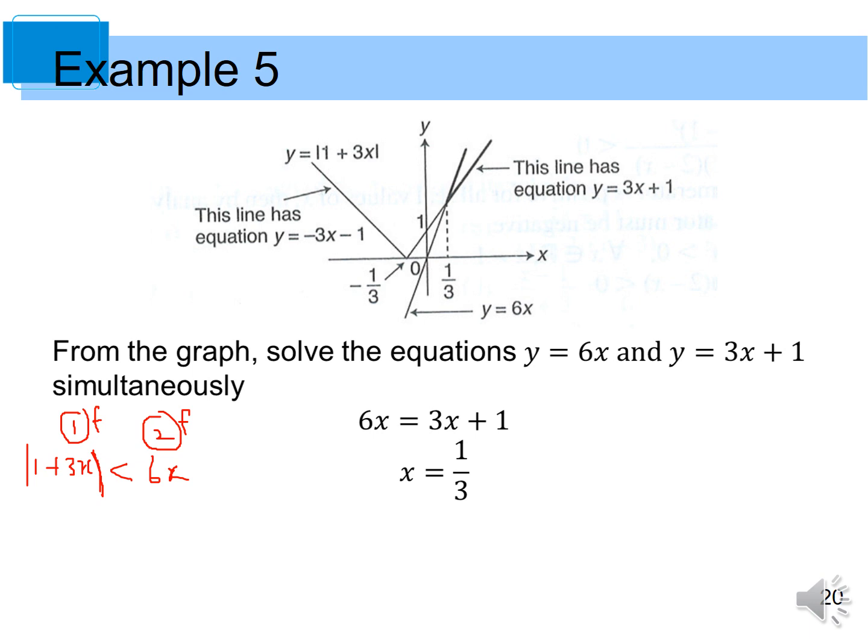Look at the points of intersection. We only have one point of intersection, meaning that we have two intervals. The first interval is before this point of intersection and the second is after. We say before 1/3 is the first region, and after 1/3 is the second region.